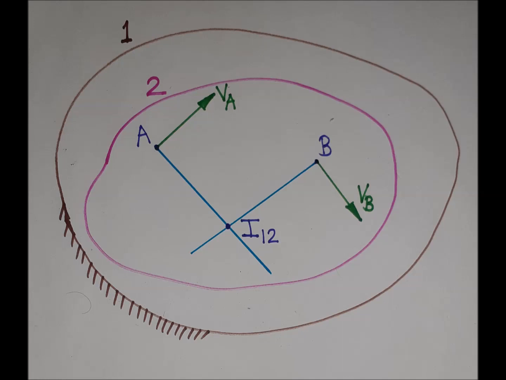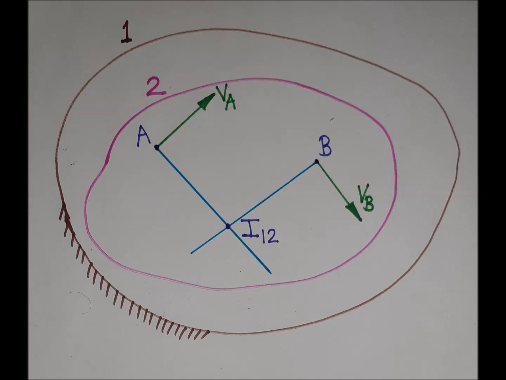How to decide whether planar body 2 is rotating in clockwise or anti-clockwise direction about ICR I12? To decide that direction, we will pay attention to ICR I12 about which planar body 2 is rotating.